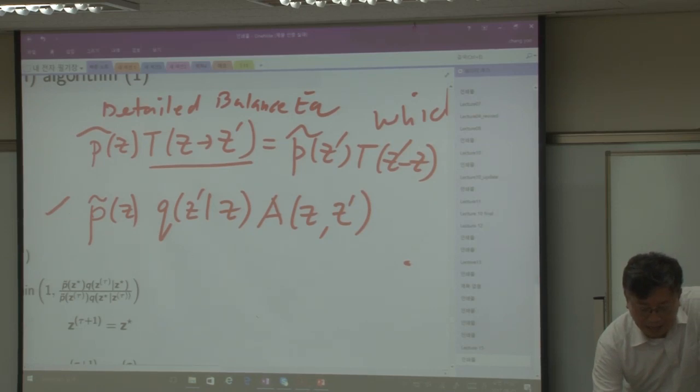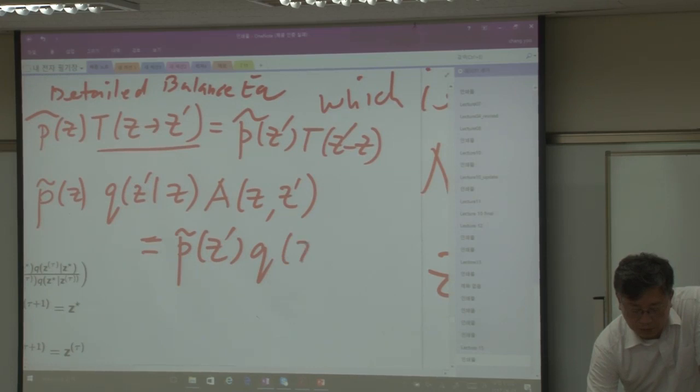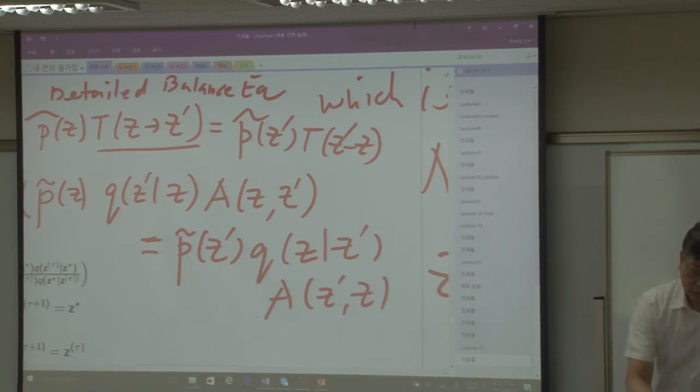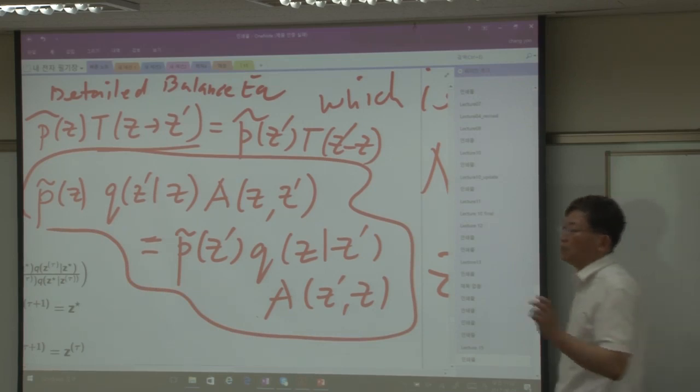And on the right hand side, I'm starting with p tilde, and I'm going from z star to z, and I'm accepting with A(z star, z). Okay, that's the detailed balance equation.